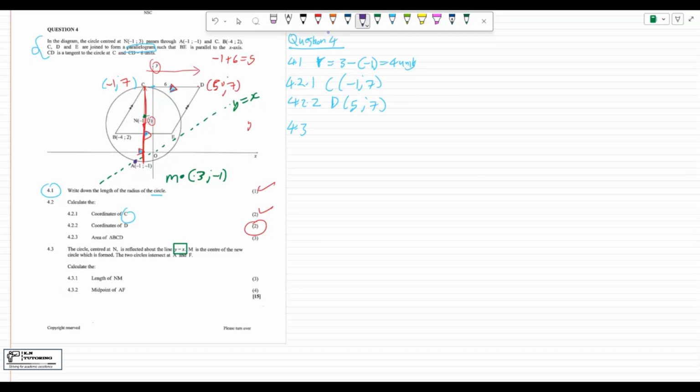The two circles intersect at A and F. I just want to see where F is. Okay, we'll come to that, but I just know that A is here, so F could be anywhere. All right, so we'll come to that.